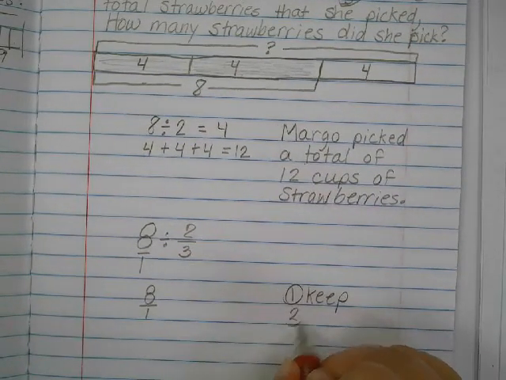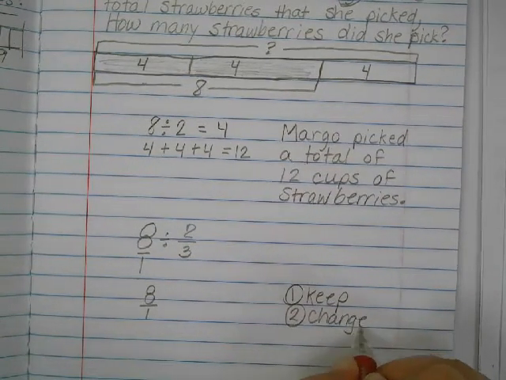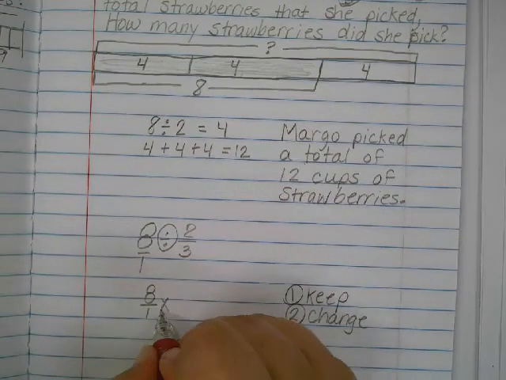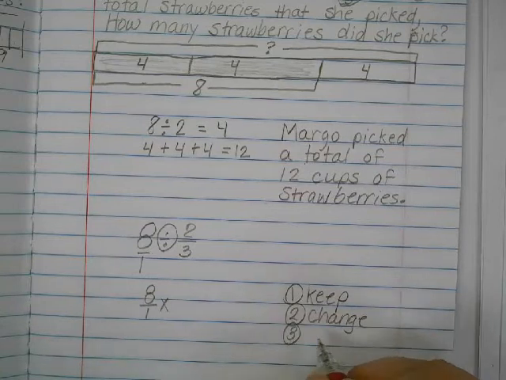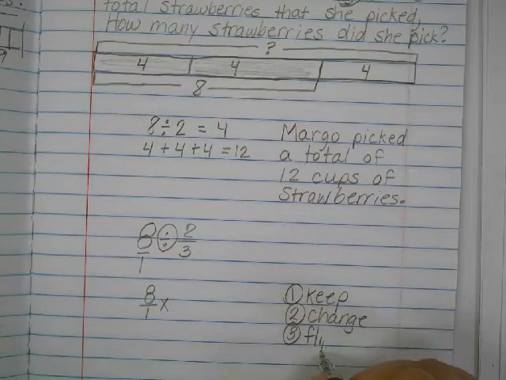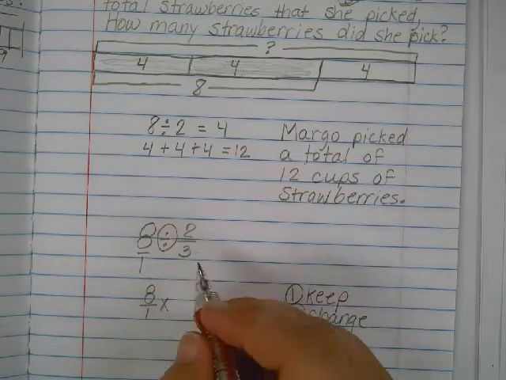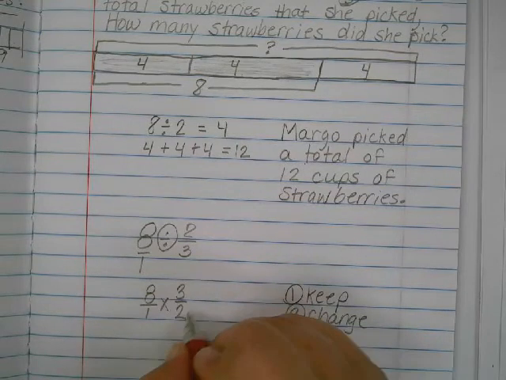My second step, I'm going to change my operation from division to multiplication. And my last step, I'm going to flip my last fraction to its reciprocal, which is 3/2.